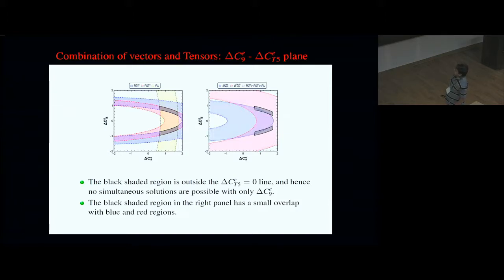We can see that these two black regions are separated. So if we assume that delta CT5E is equal to 0, it cannot explain the experimental result, so C9E alone cannot explain this. In the right panel, we impose the inclusive constraints and superimpose the overlap region of the previous one, and we can see that there is some overlap. So there is some region where all the anomalies can be explained.